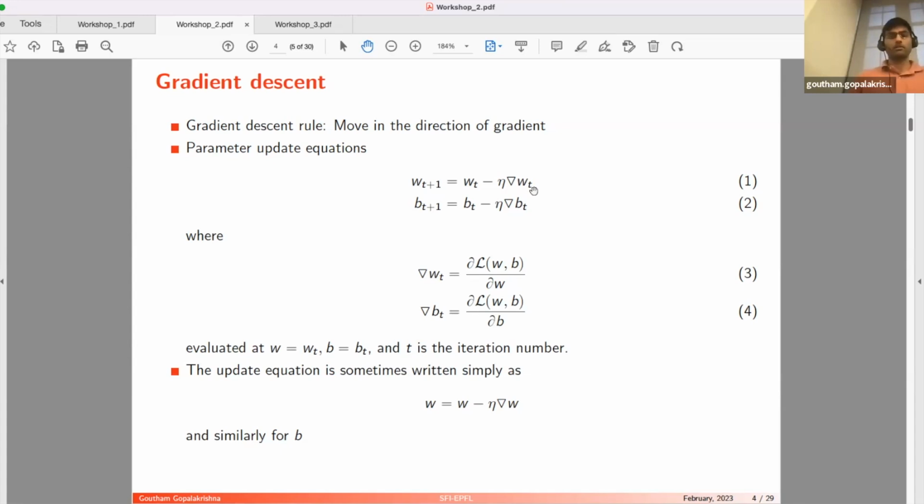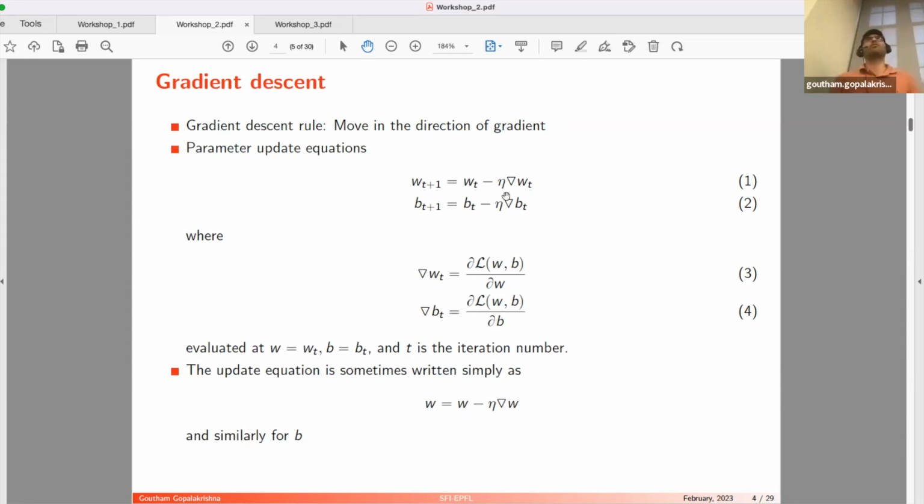T refers to iteration here, and we use that to update W_t. Okay? There are 2 parameters, so for each of the parameters, this is the gradient rule. You start with some initial value, and then you update this by looking at the loss with respect to each of the parameters. And this eta here refers to the learning rate.